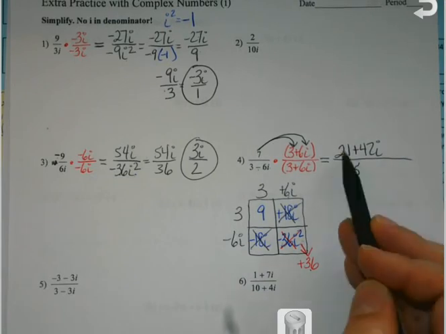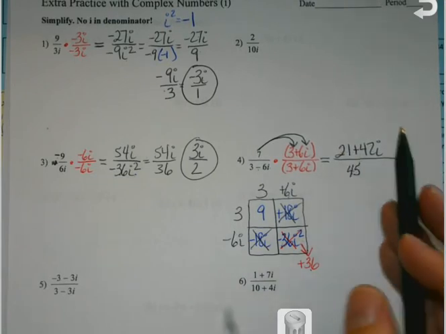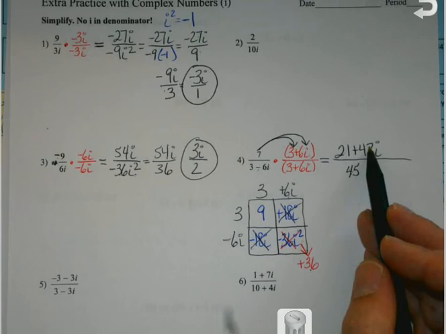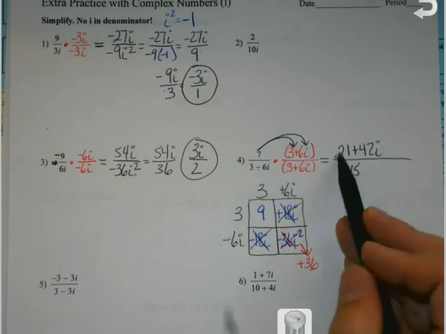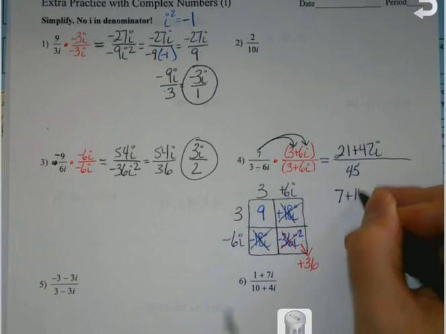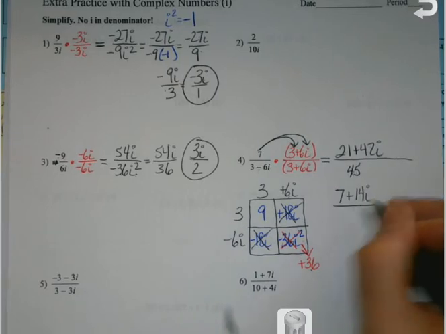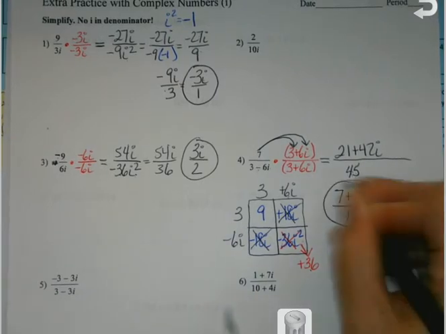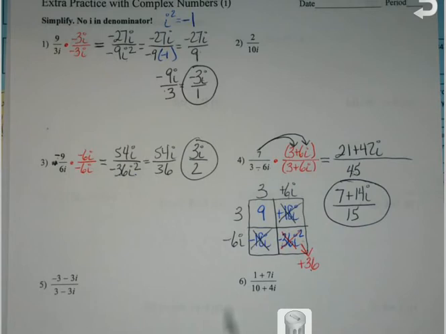If anything divides into all of these, now that I can't do on the calculator directly, but I can divide a 3 out of all of these. So my last step, and if I'm not sure, I can just try each of them out and see how it works. But again, as long as there's no i in the denominator, I'm okay. So again, just a little bit of practice.